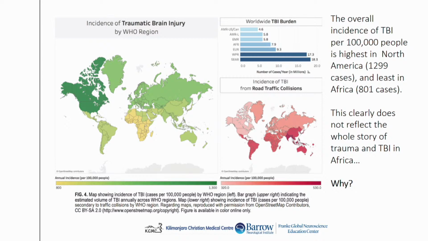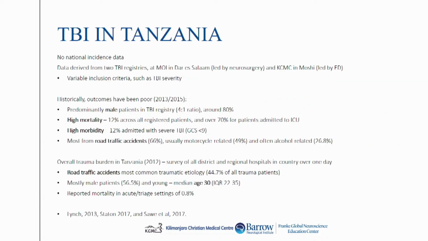We have a long road to go on improving patient care, again, starting by just understanding and putting numbers to what we're dealing with. Here in Tanzania, we don't have national incidence data, at least not that I've been able to find. There are a couple of TBI registries, one at KCMC and one in Dar es Salaam at the National Hospital in Moi.